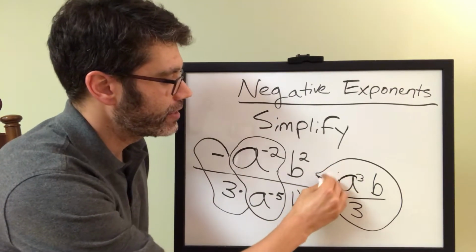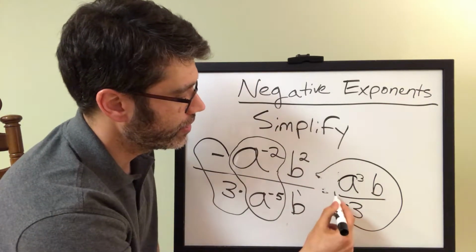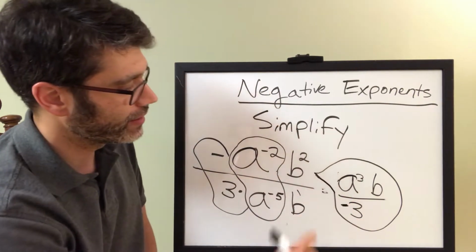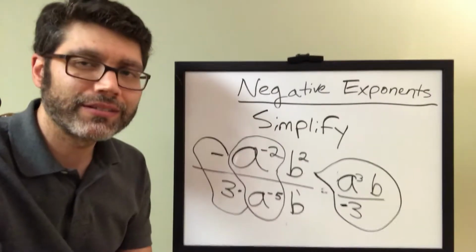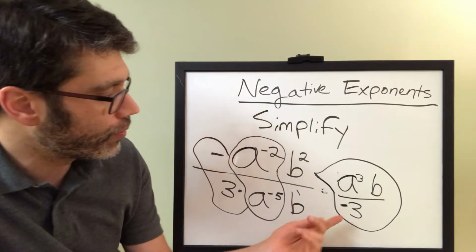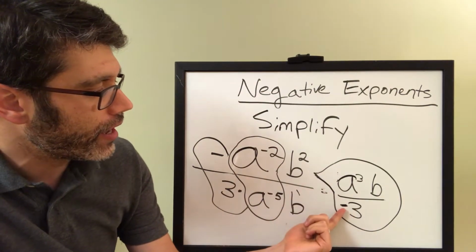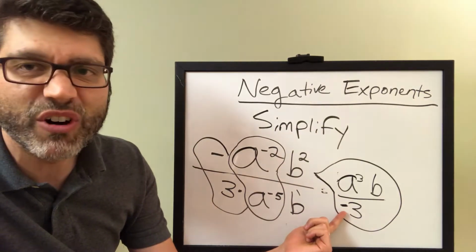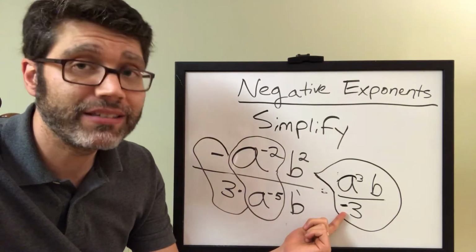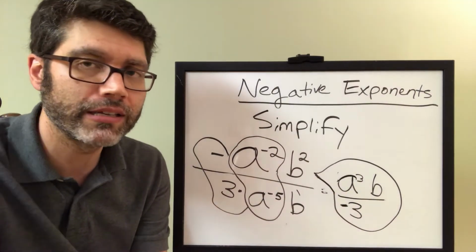Negative numbers are fine. I could even put this negative down here if I wanted to. It's negative exponents that we cannot have in a simplified answer, all right? So negatives on the outside are totally fine. When they're negative coefficients, negative bases, those are totally fine. It's just the negative exponents that we don't want in our simplified answer.